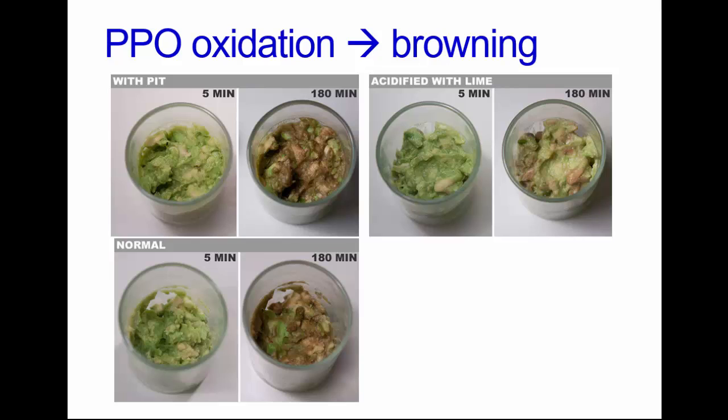And we can see in the images here what's happening. So with the pit, it makes no difference. Normal is very similar to with the pit, but acidified with lime, reducing the pH, therefore affecting the activity of the enzyme, does slow the rate of PPO action quite significantly.